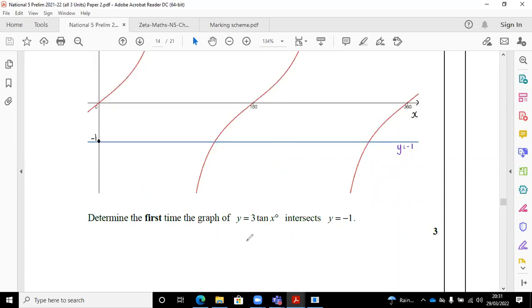So 3 tan x is equal to -1. Y is equal to y. That y and that y is the exact same. So 3 tan x equals -1 at that point. So we've got that equation.